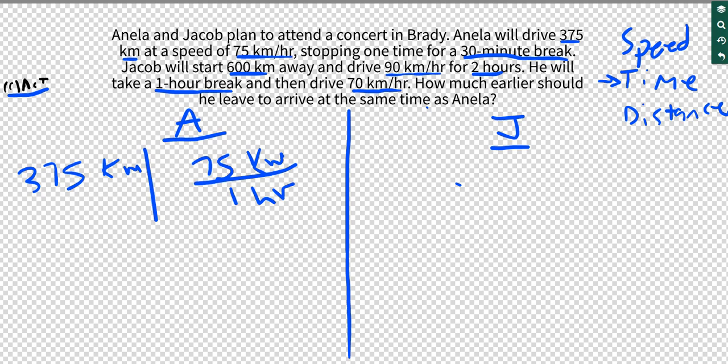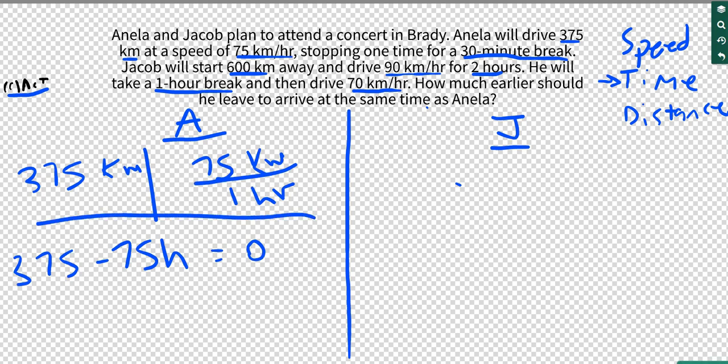She's also doing a 30-minute break. This is essentially an algebraic equation. We're trying to find how many hours it would take, because we're starting out with 375 and it's 75 kilometers per hour.